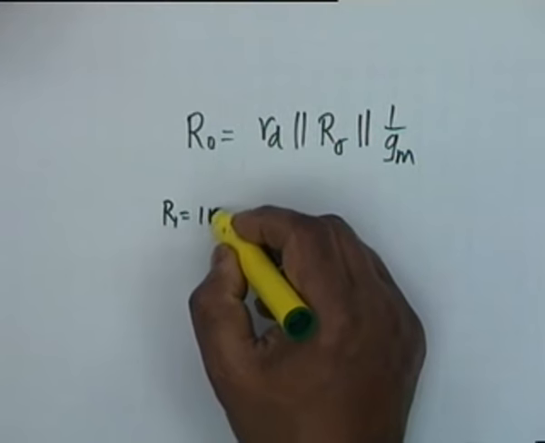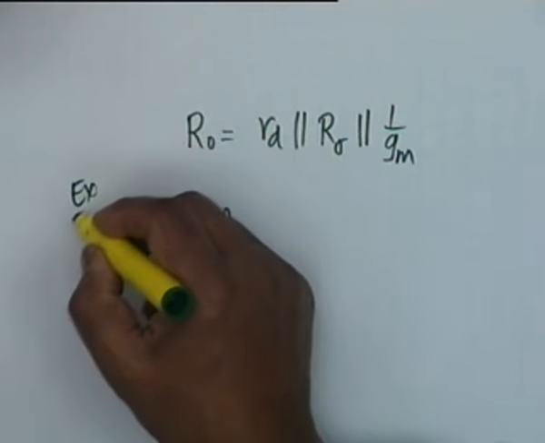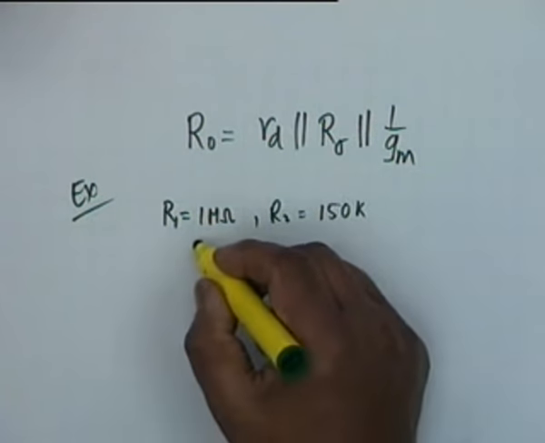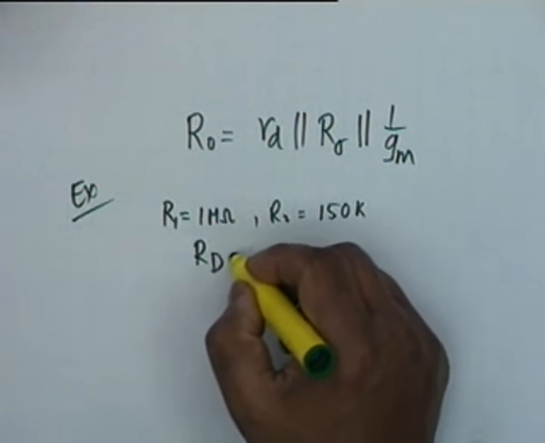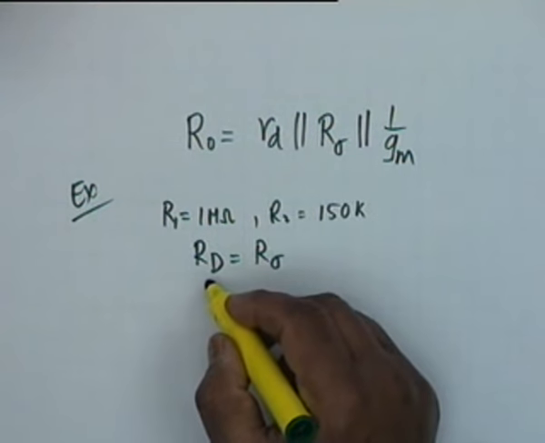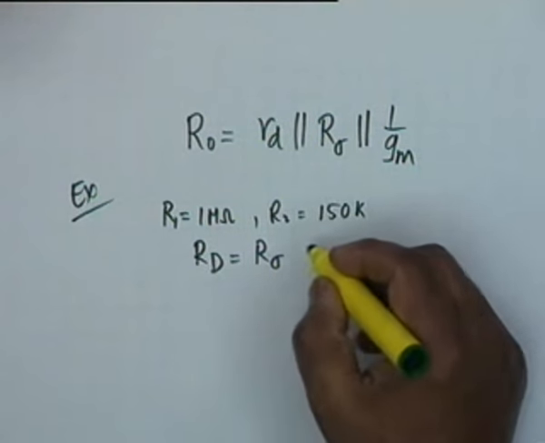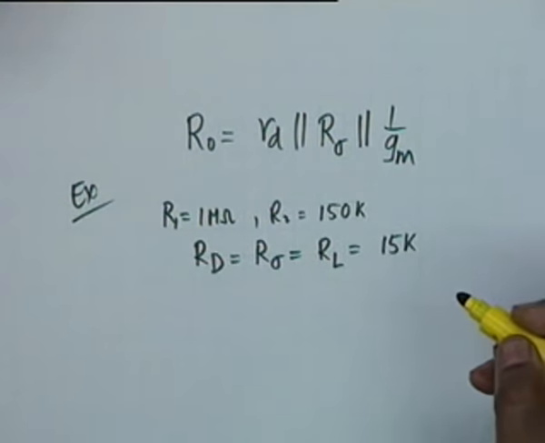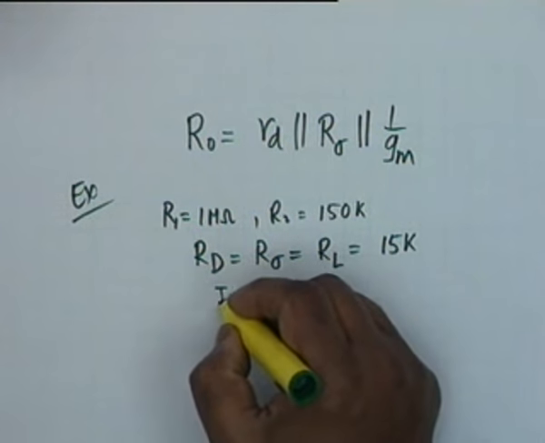If we take the same example that we had taken earlier, in which your R1 was 1 meg, R2 was 150K, RD equal to R sigma, RD now has to be bypassed, R sigma equal to RL equal to 15K, that is the value that we took.